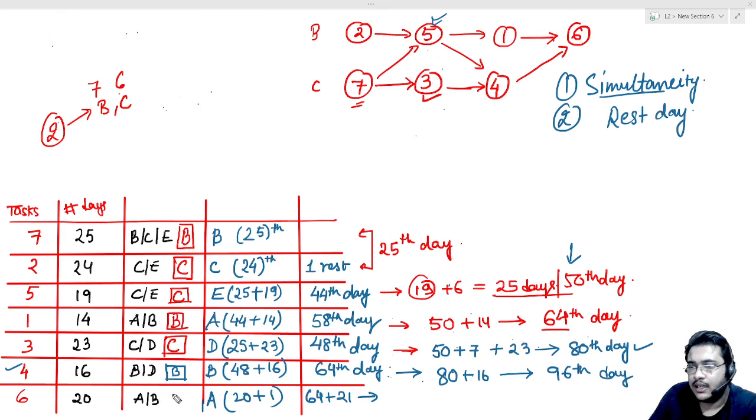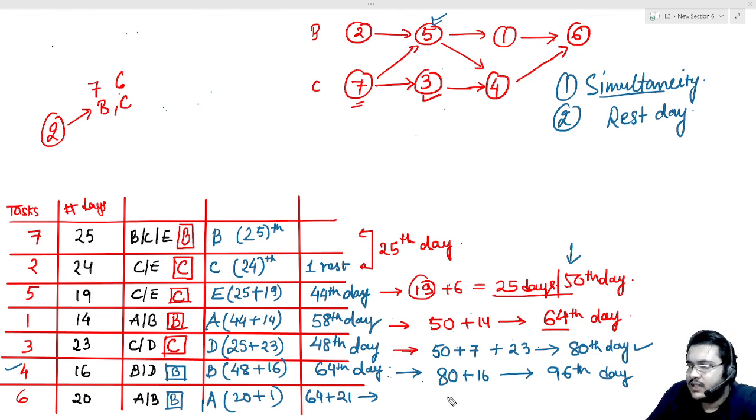Now, I again know B will have to come, because there is no option for C. Even if C had an option, you would still have to wait for task 1 to be completed. Task 1 is completed on the 58th day. Can some other person start after the 58th day? If C would be permitted, then we could have gone that way. Right now that is not the case.